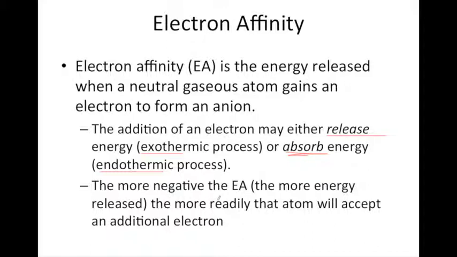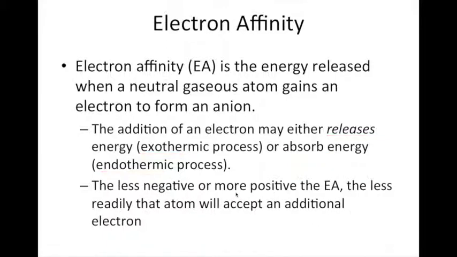So if we added an electron to some atom and it had a very negative electron affinity, that indicates that that atom will accept that electron very readily. So it's very likely to form an anion. Conversely, if you add an electron to an atom and it has a very small negative or positive electron affinity, that indicates that that atom is less likely to accept an additional electron.